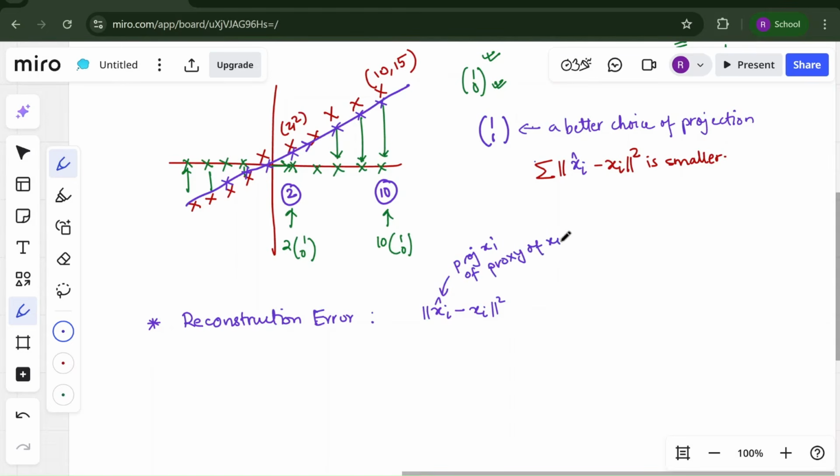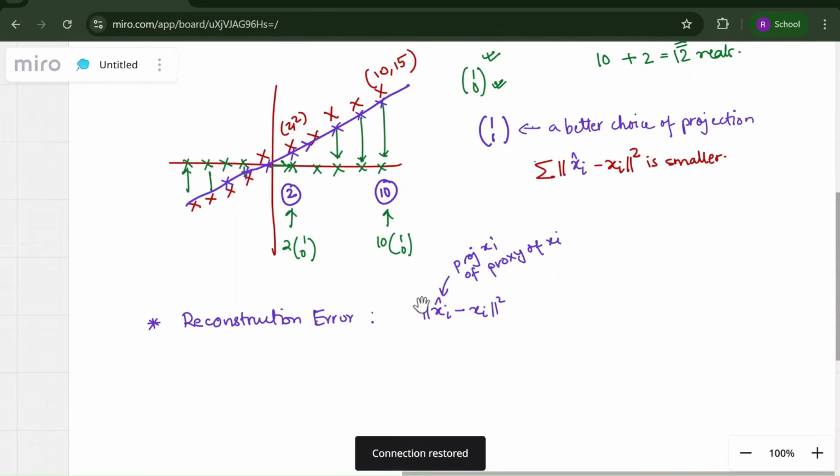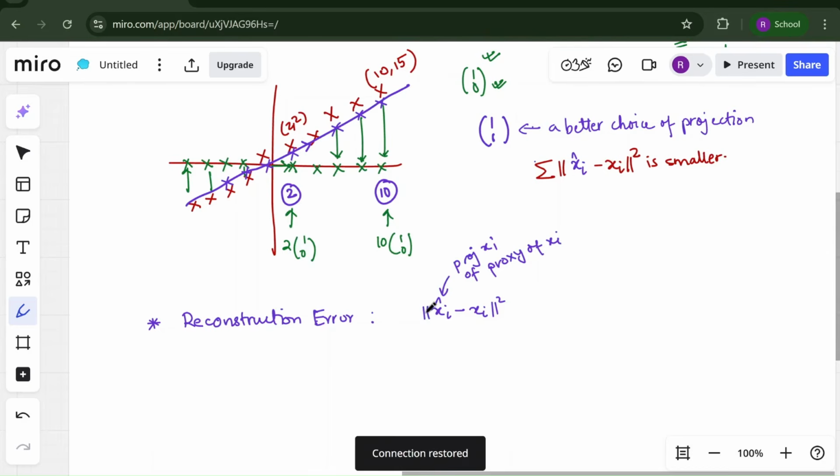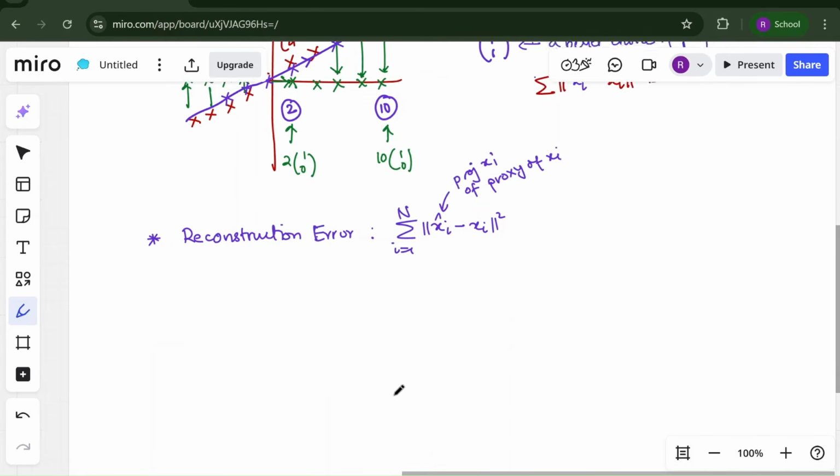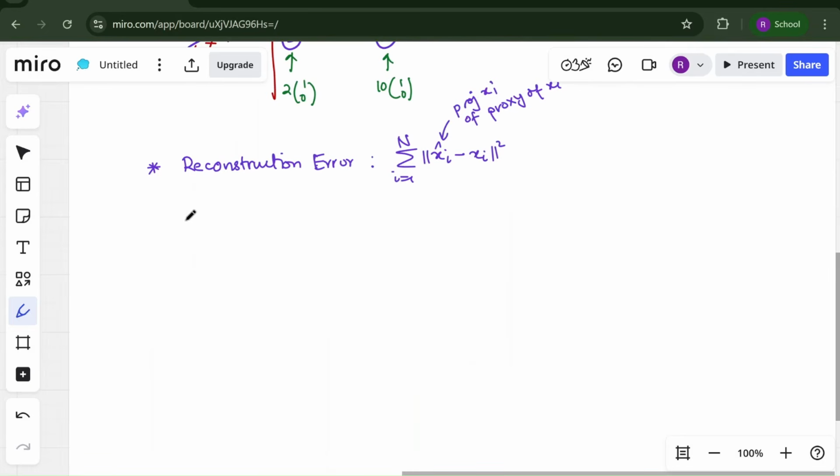Notice that we are not having the same data point, we are having a different data point, right? And the sum of all these over all data points, that is our reconstruction error. So what is our objective? Our objective is to find that particular v so that the reconstruction error is minimized.